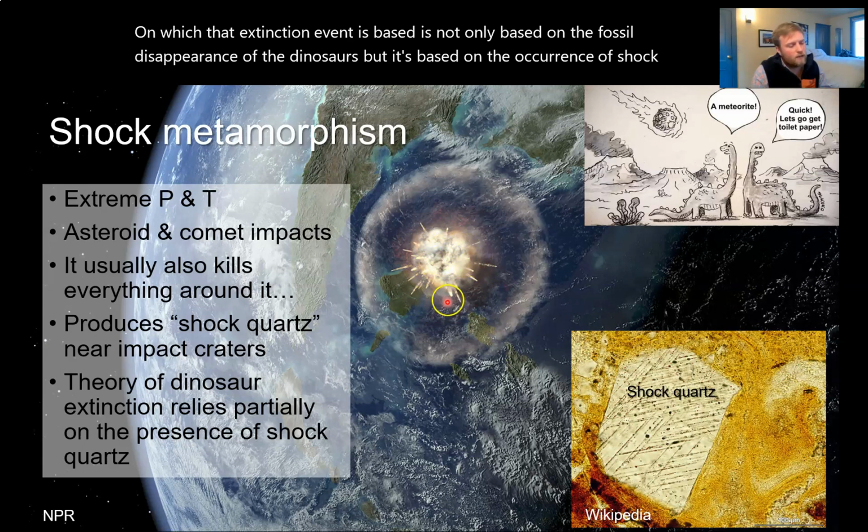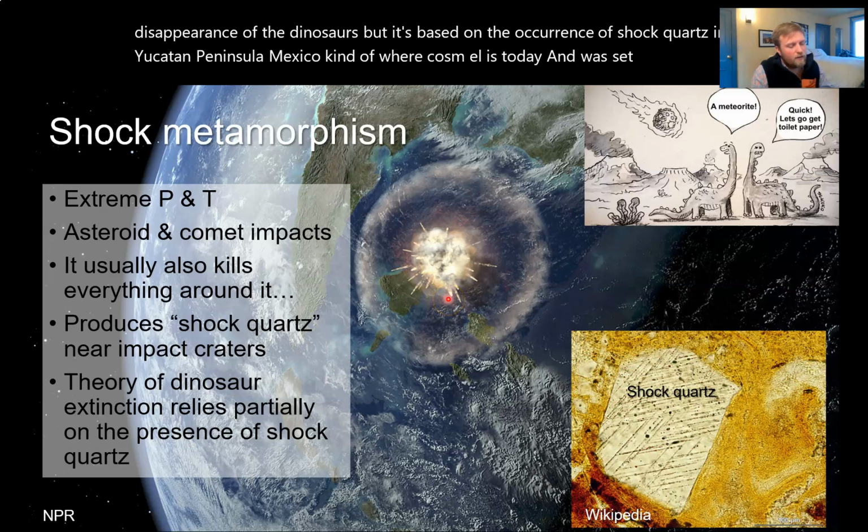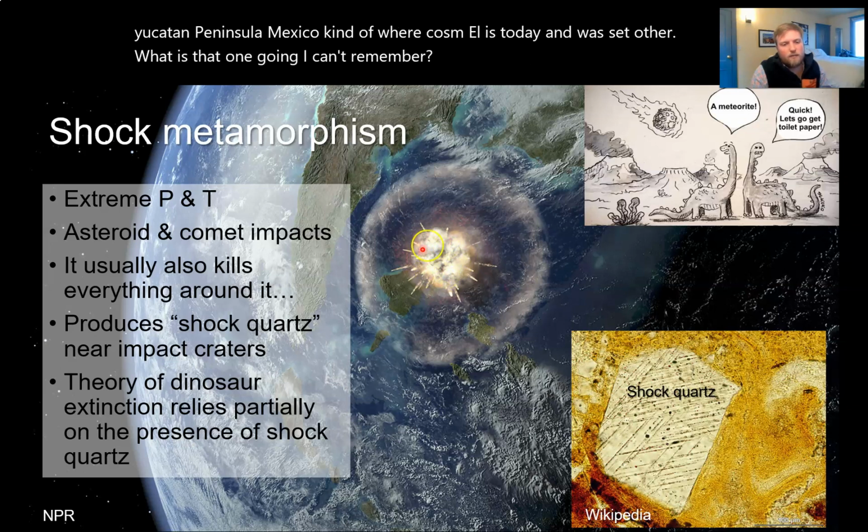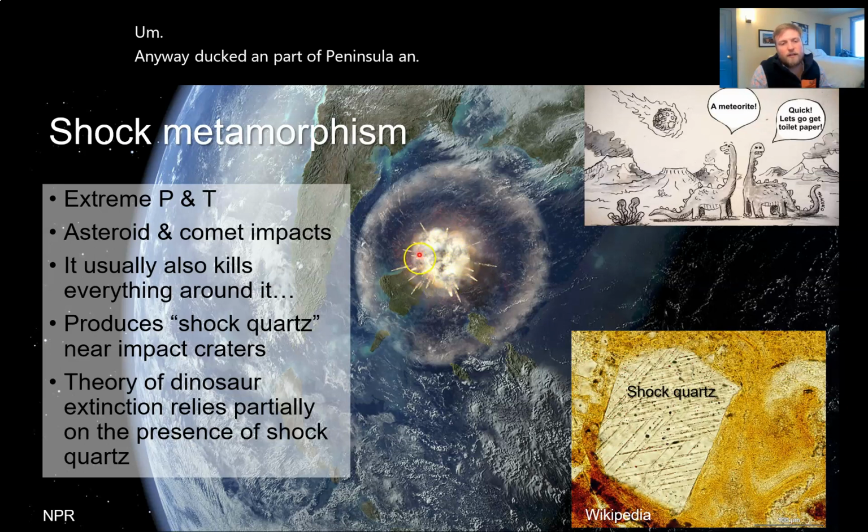And what's that other one called? I can't remember. Anyway, Yucatan Peninsula, and there's a lot of shocked quartz found in rock layers around this area from the impact.